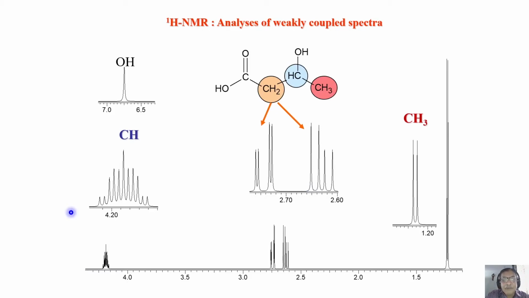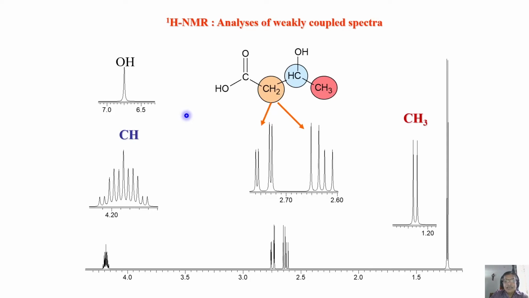What is the pattern you expect for this? This is a 3 coupled spin system. We can take it as an AMX pattern. Now, we remember we analyzed the AMX. When there are 3 weakly coupled protons, what is the pattern we are going to expect?